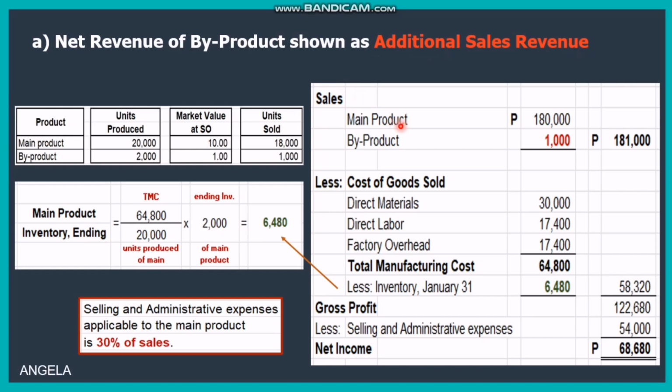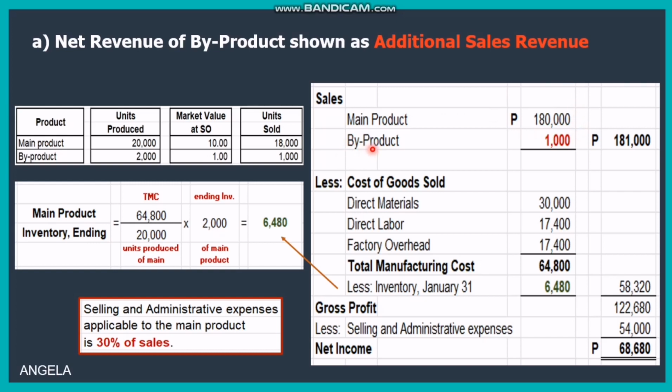For the main product, meron tayong 180,000 pesos. Paano po ito nakuha? Ganito yan. Meron tayong units sold na 18,000 sa main product. Then, ito times natin yon sa market value at split off na 10 pesos. So, 18,000 times 10 pesos, meron tayong sales ng main product of 180,000 pesos.